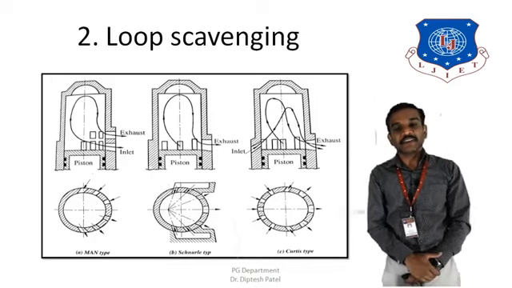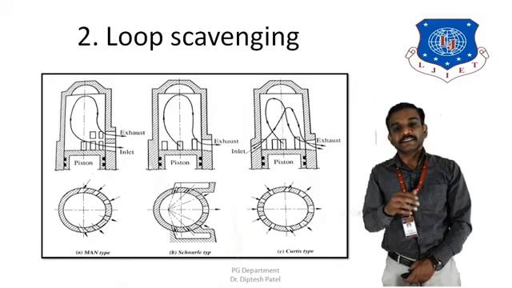In the Curtis type, we have the inlet through one side, while the exhaust is at the other side.